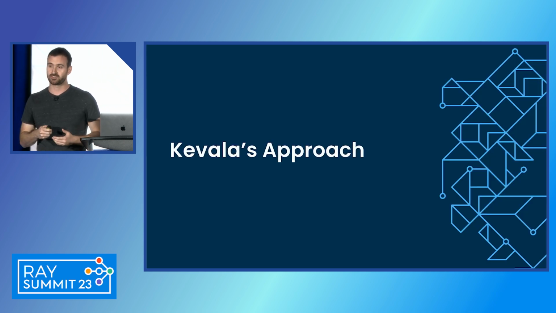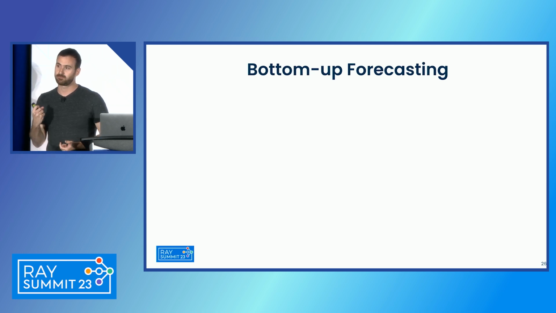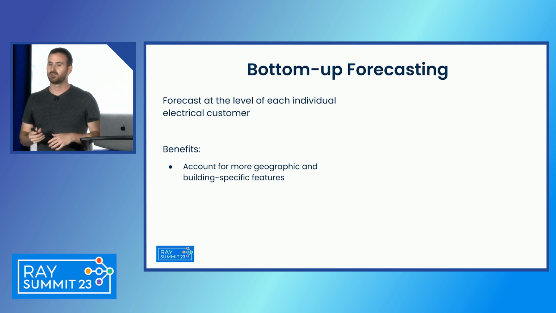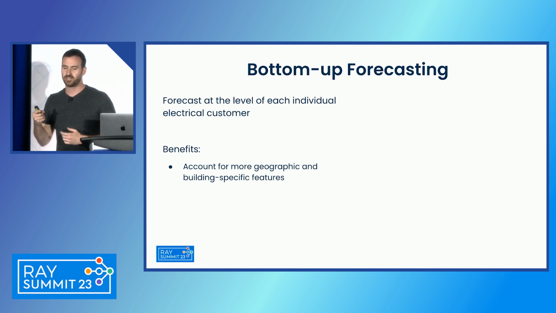Kavala takes a new approach to all this by doing bottom-up forecasting, which means we forecast energy at the level of individual electrical customers to predict their time series energy behavior and which technologies they will adopt.